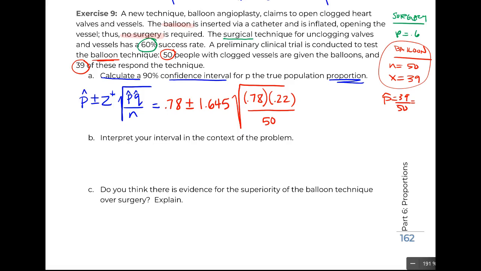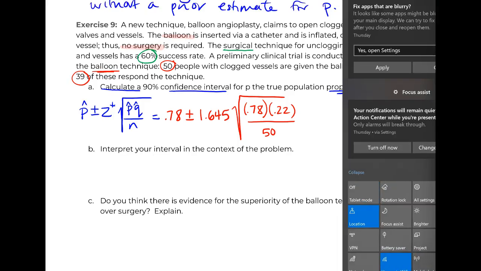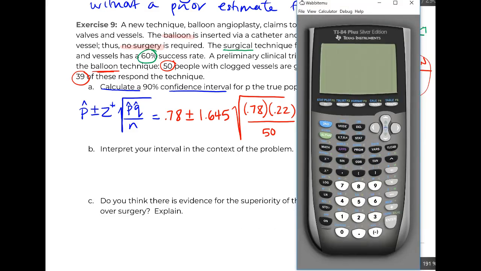And if you're doing this by hand, remember, you're going to do that margin of error first. So you do the 1.645 times our standard error of the square root of 0.78 times 0.22 divided by 50.